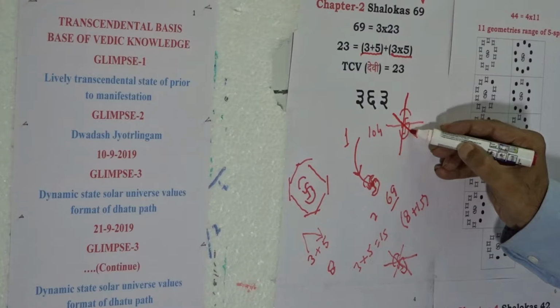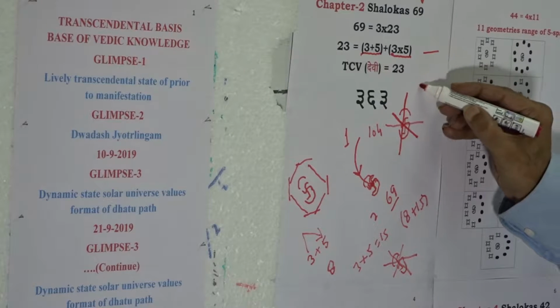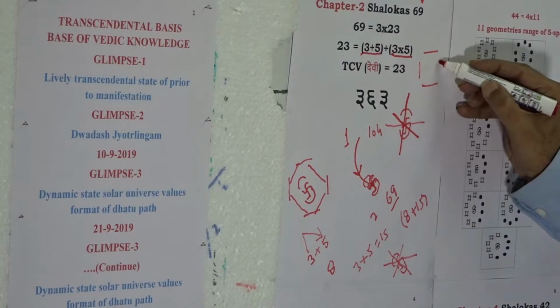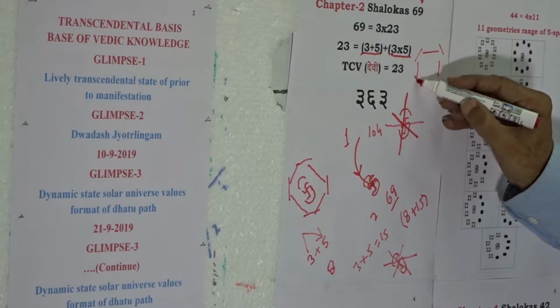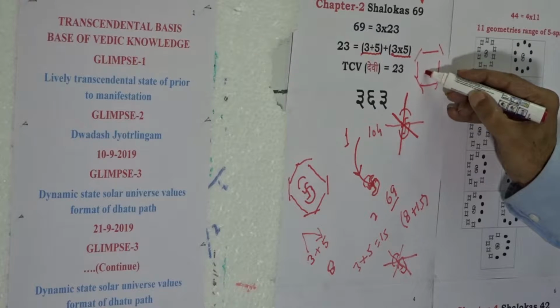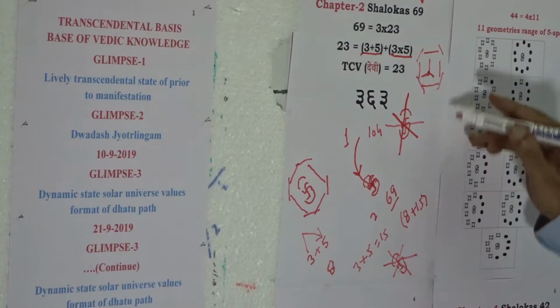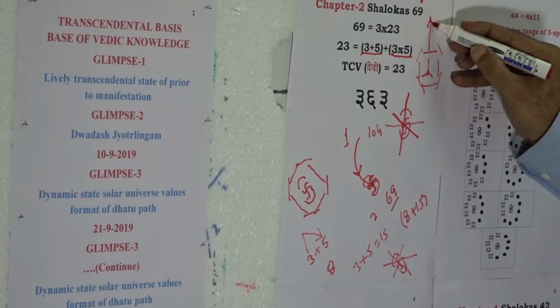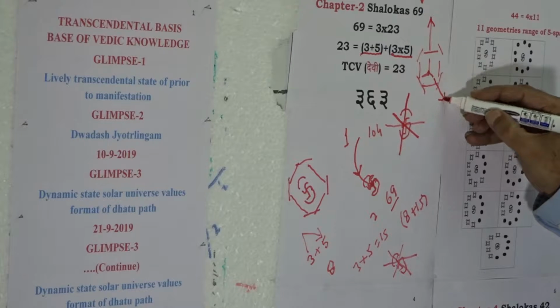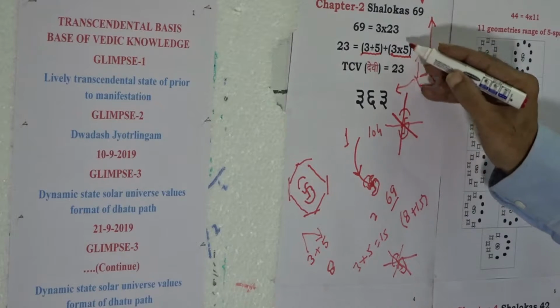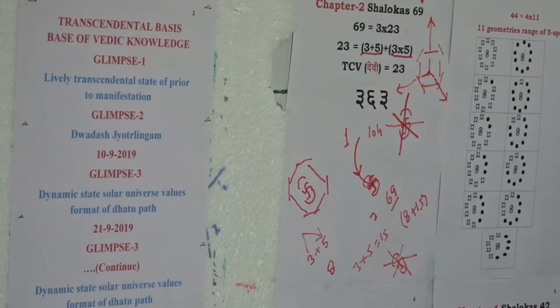So at the seat of origin of a 4 space, there is a solid order. As such, this value 23 is available towards all the 3 dimensions and it makes a value 69.